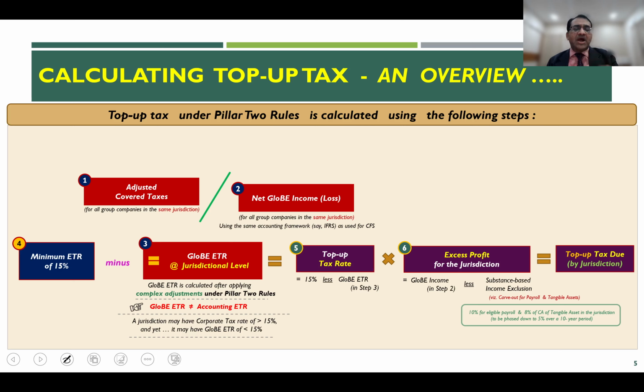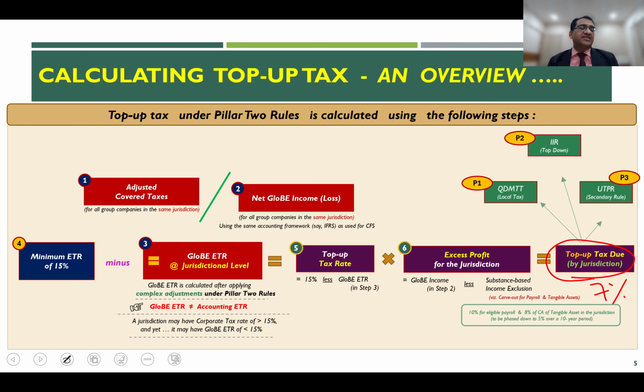But from the accounting perspective, after we have determined the top-up tax liability, which in this example works out to be 7%, that is, 7 rupees on 100 rupees of total income, the top-up tax liability is collected under the BEPS mechanism under 3 possible rules which talk to each other.